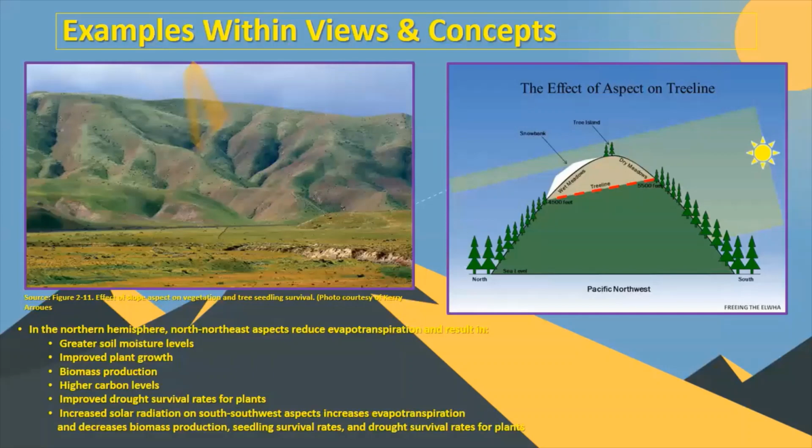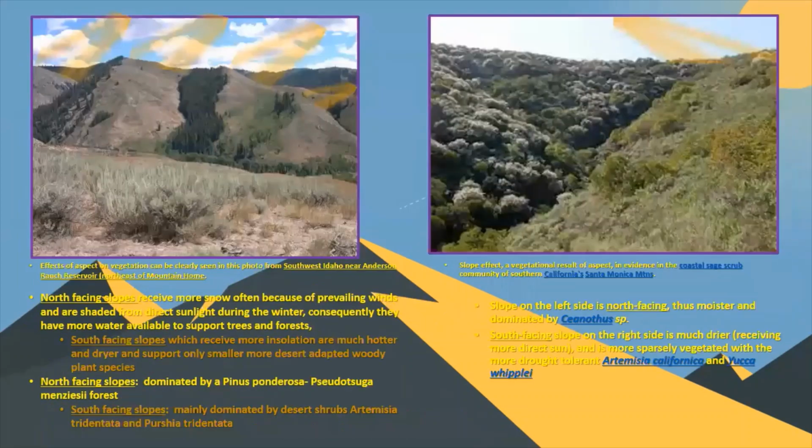There are improved drought survival rates for those plants, and increased solar radiation on southwest aspects increases the evapotranspiration. So on the other hill, we're losing moisture, is what that means. And there's decreased biomass production, and seedling survival rates are not as good. And if the plant makes it to become a plant, the drought survival rates for the plants are decreased because of the stress on them.